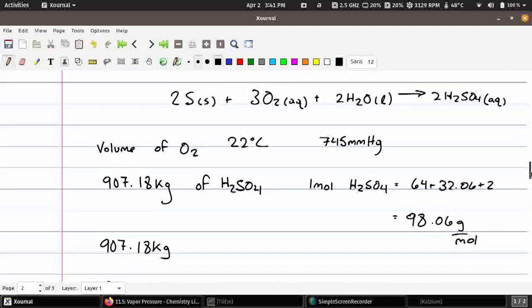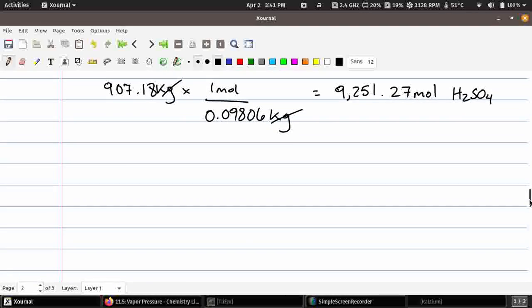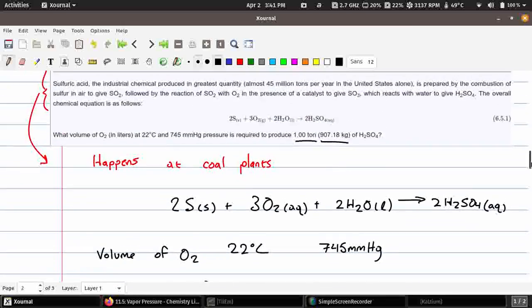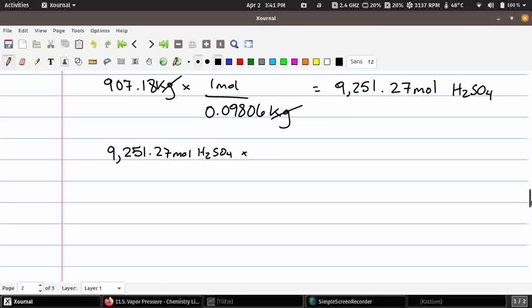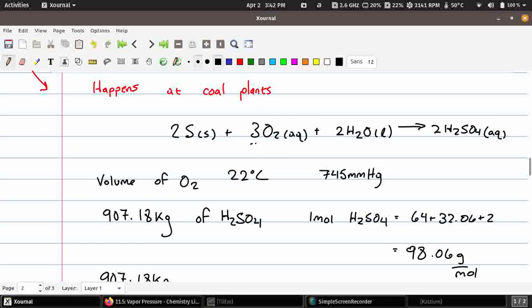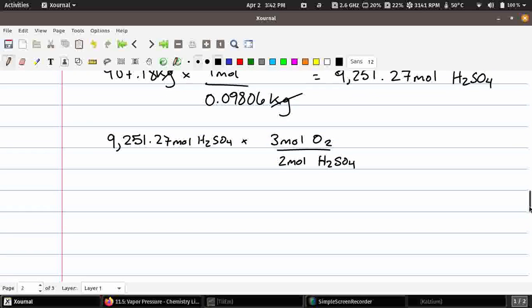So now we have to work backwards to figure out how many moles of oxygen we need. So 9,251.27 moles H2SO4 times, where's the reaction? 3 moles of O2 divided by 2 moles of H2SO4. And then I'll go back and show you that's where the reaction came from. 3 and 2. Alright, so let's cancel.